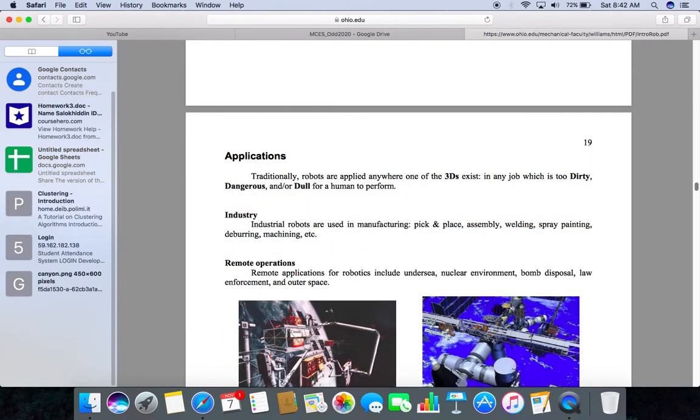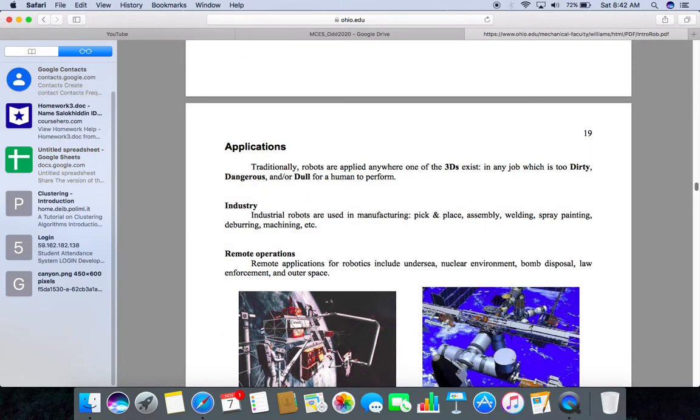Application. Traditionally, robots are applied anywhere one of the 3Ds exists, in any job which is too dirty, dangerous and or dull for a human to perform. Industry. Industrial robots are used in manufacturing, pick and place, assembly, welding, spray painting, deburring, machining, etc. Remote operation.